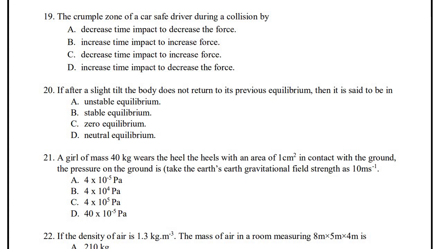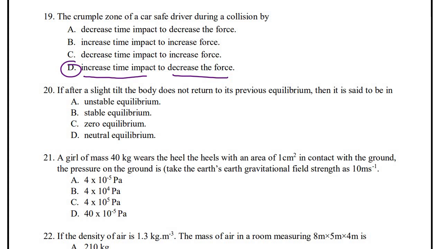So during the collision, the head of the driver collides with the airbag, and this airbag increases the time of impact and decreases the amount of force. So option D, that increases the time of impact and decreases the force. Option D is the right answer.